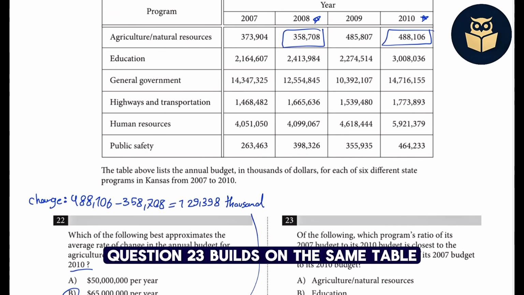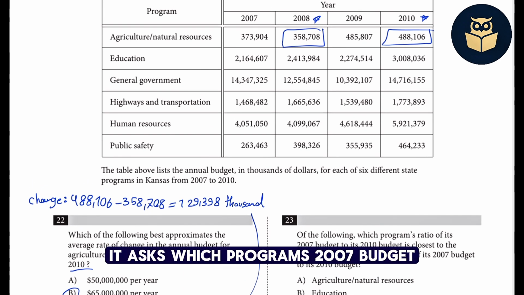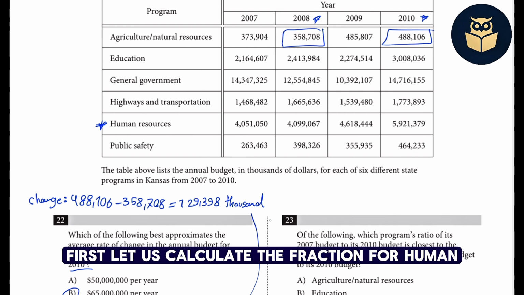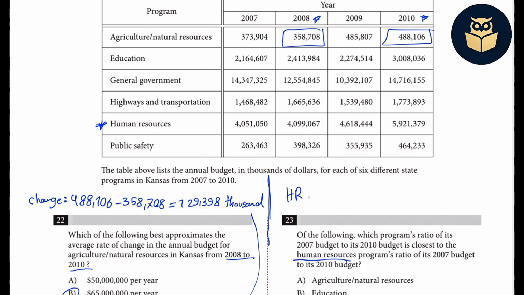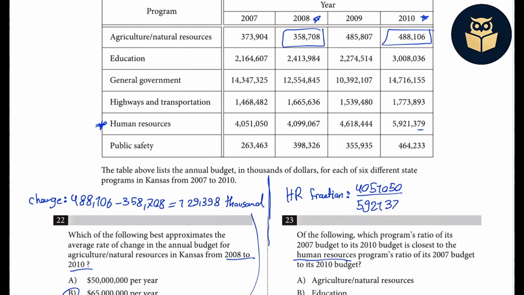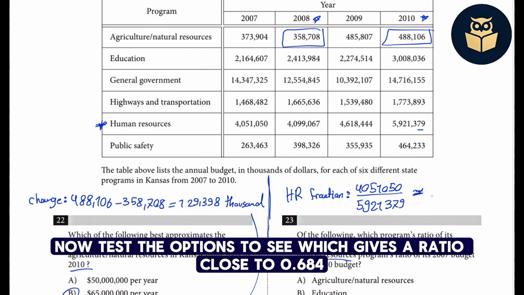Question 23 builds on the same table. It asks which program's 2007 budget is closest to the same fraction of its 2010 budget as human resources. First, let us calculate the fraction for human resources: 4,051.50 divided by 5,921,379 gives roughly 0.684. Now, test the options to see which gives a ratio close to 0.684.